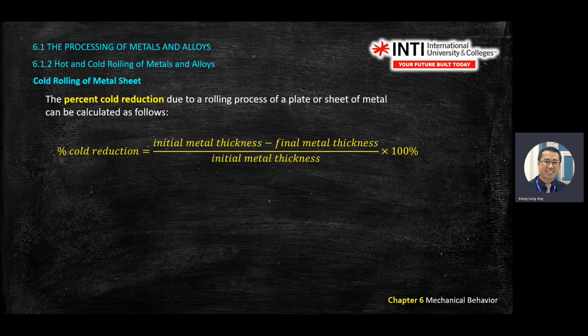Why do we take initial minus final? Because when you do cold rolling, the thickness before will be bigger than the thickness after. So you get a positive percentage.